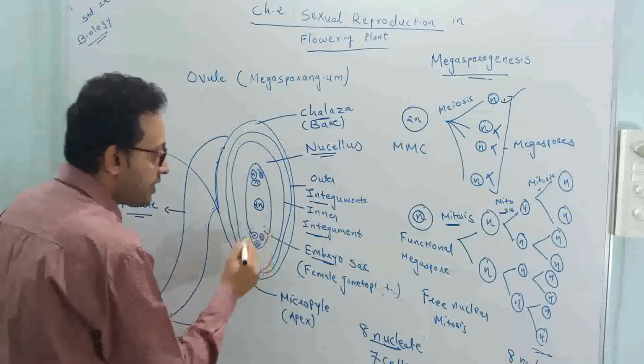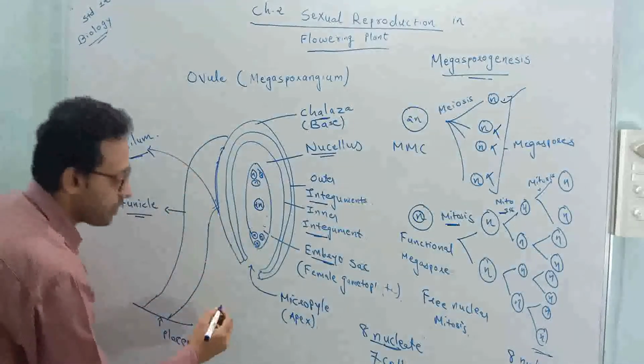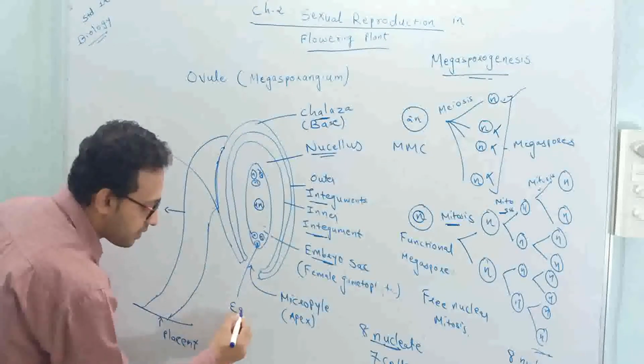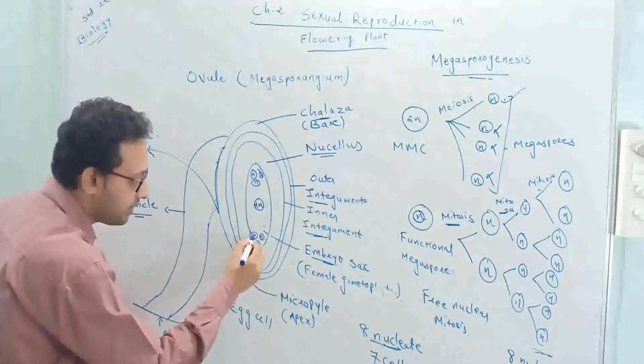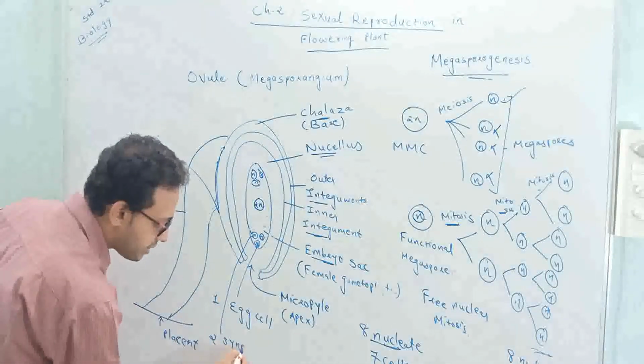The 3 which are at the micropylar end, what are they? From that, one is the egg cell, and these 2 are synergid cells.